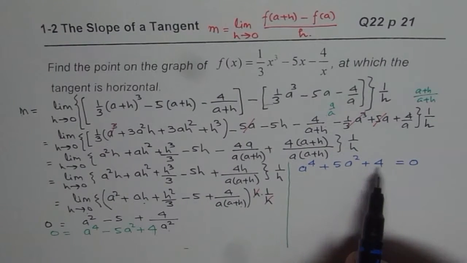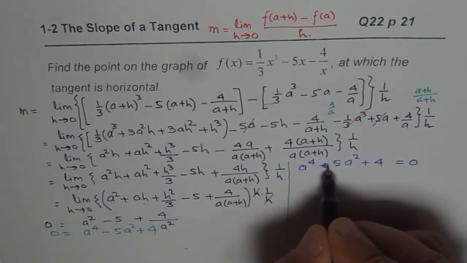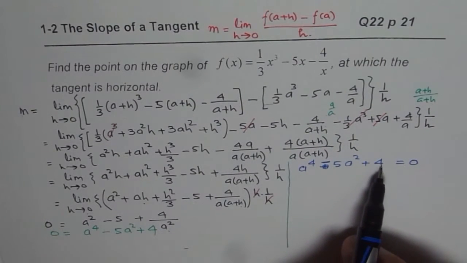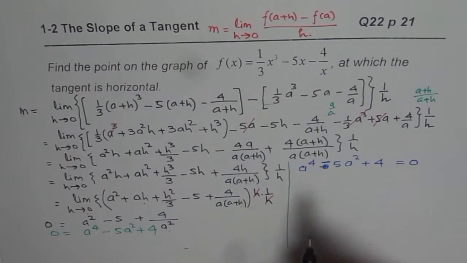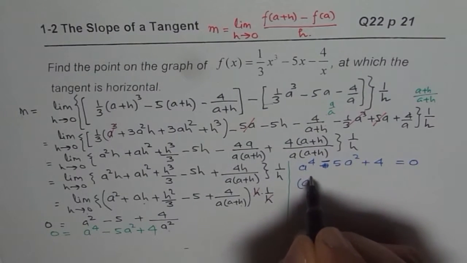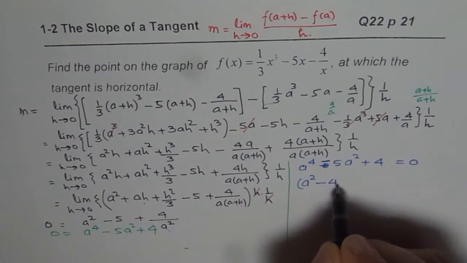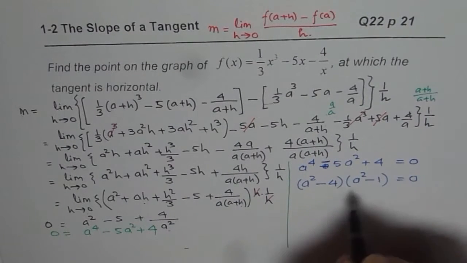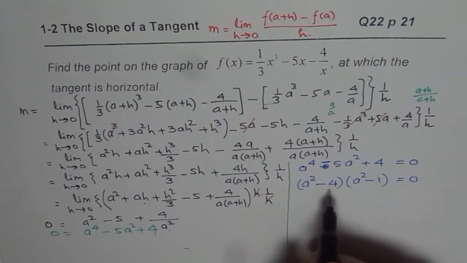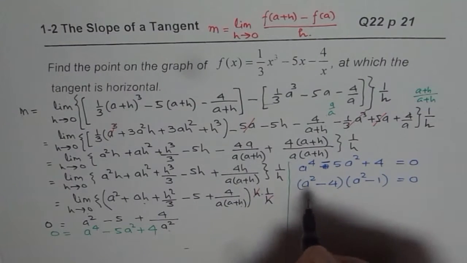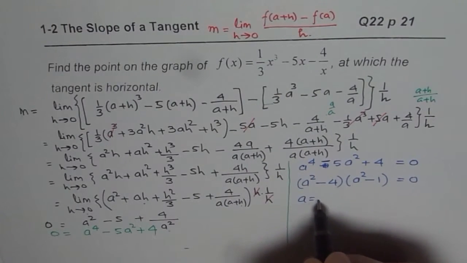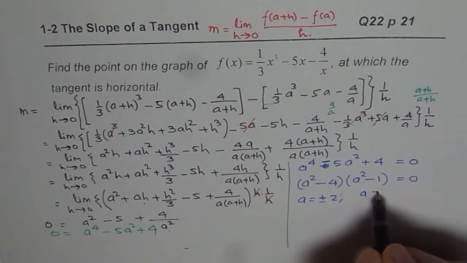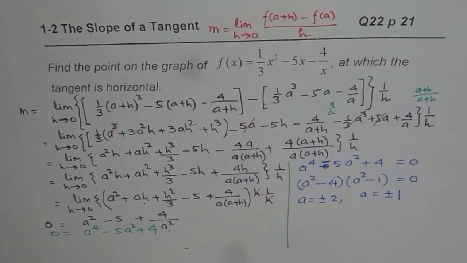We are looking for a product of 4 times 1, and so we could factor this as a square minus 4 times a square minus 1 equals 0. That gives us two solutions. First one comes from here, which is a equals plus minus 2, and the second one comes from here, which is a equals plus minus 1.